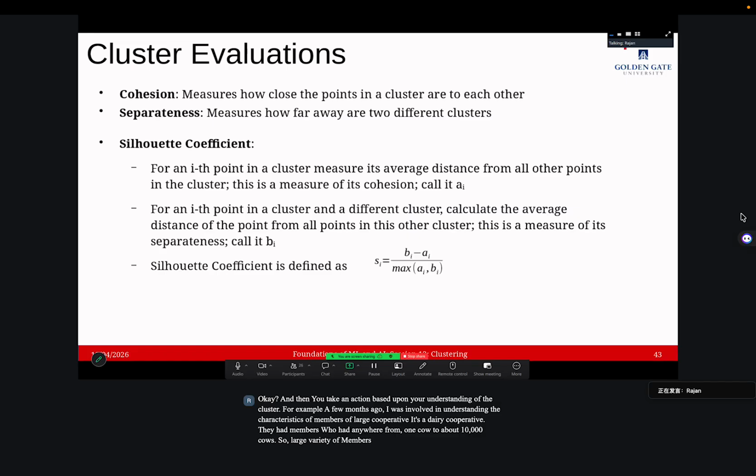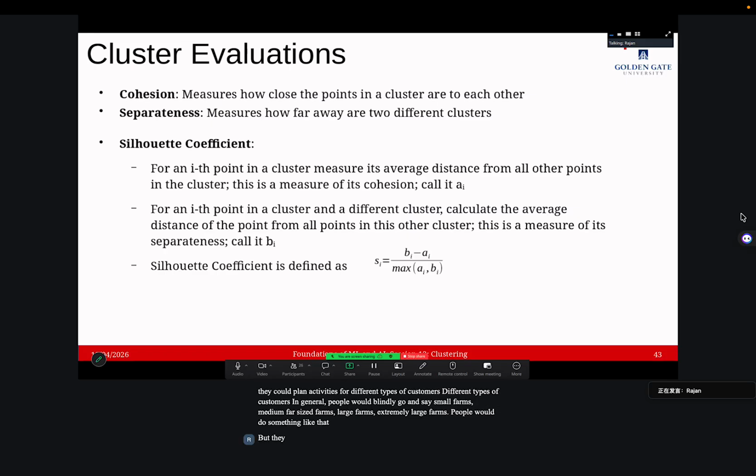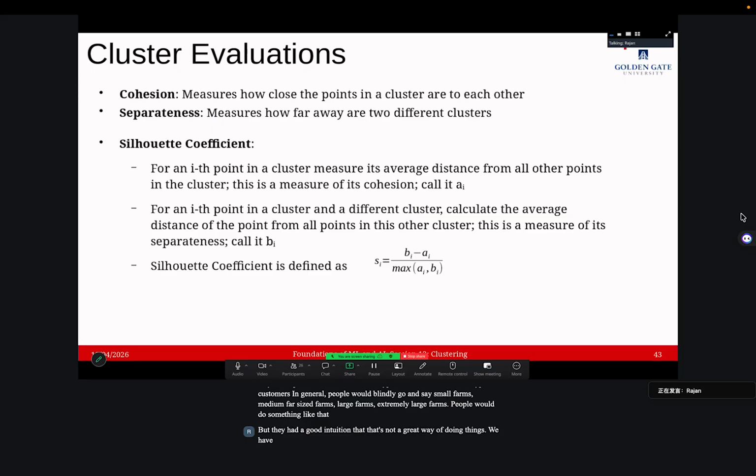They wanted to see whether they could plan activities for different types of customers. In general, people would blindly go and say small farms, medium size farms, large farms, extremely large farms. But they had a good intuition that that's not a great way of doing things. We have to create programs based upon the characteristics of the members.